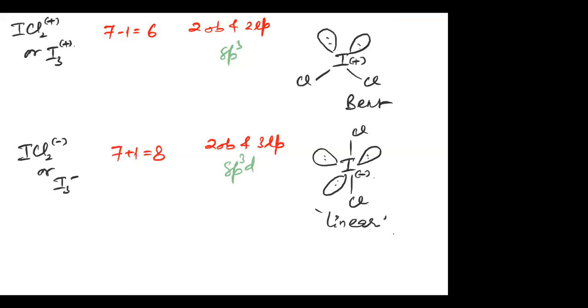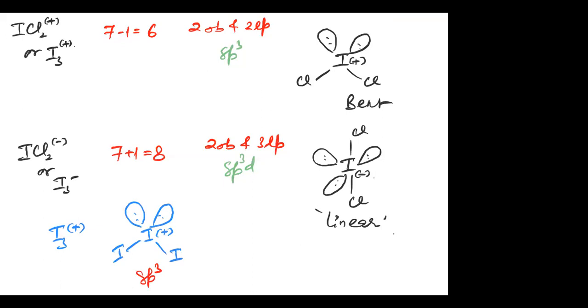So we have ICl2 plus, we can have I3 plus, ICl2 minus, we can have I3 minus. One geometry is bent, another geometry is found to be linear. As far as I3 plus is concerned, it is a central iodine atom and iodine atoms. It should be bent in shape and iodine should have a positive charge. It is sp3 hybridized.